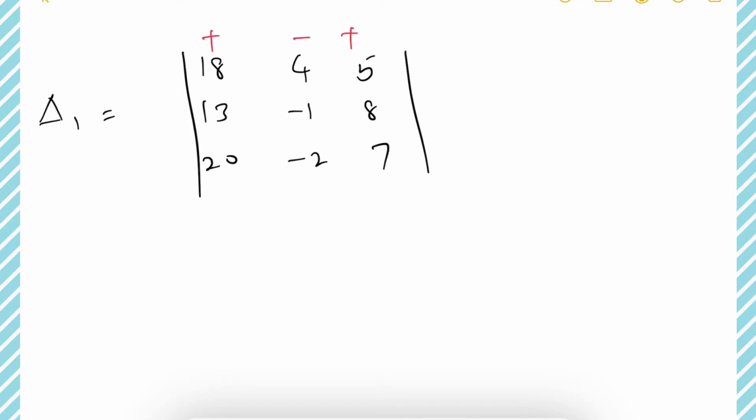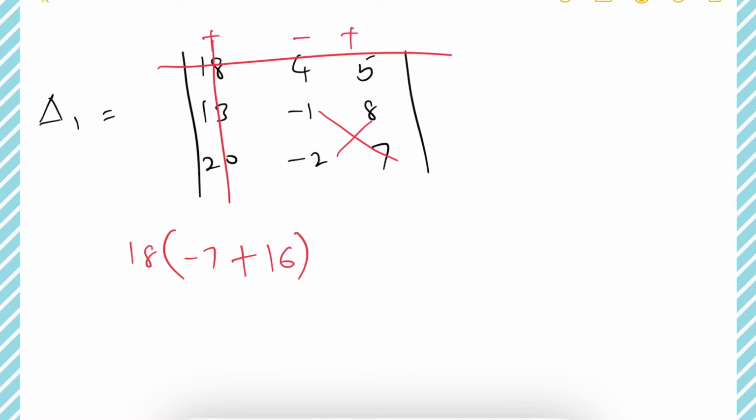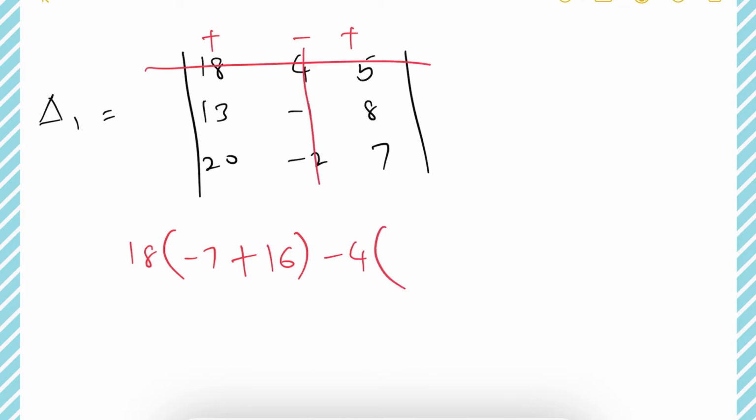So 18 into, if we remove this column and row, minus 1 into 7, minus 7, minus 2 into 8, minus 16. Already minus is there, so it will become plus 16. Next, the second element, minus 4 into, if you remove that column and row, 13 into 7, it's 91, minus 20 into 8, 160.